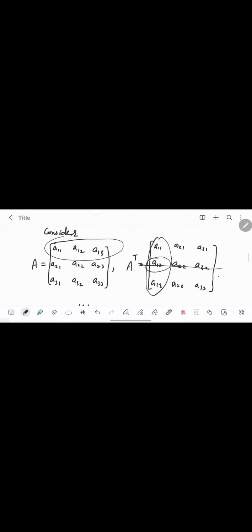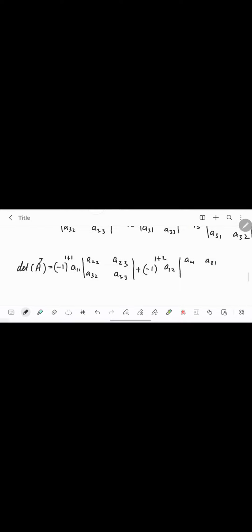So I will write minus 1 to the power 1 plus 2 A12, and then I'll forget about this, I will have these two and these two entries left, A21, A31, and A23, A33. Make sense?